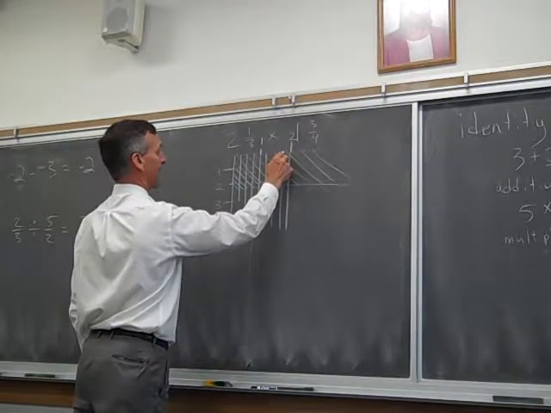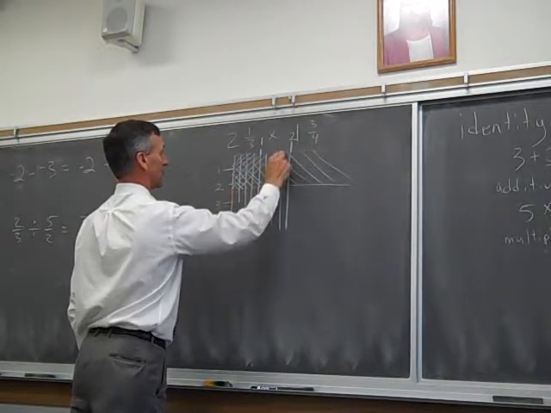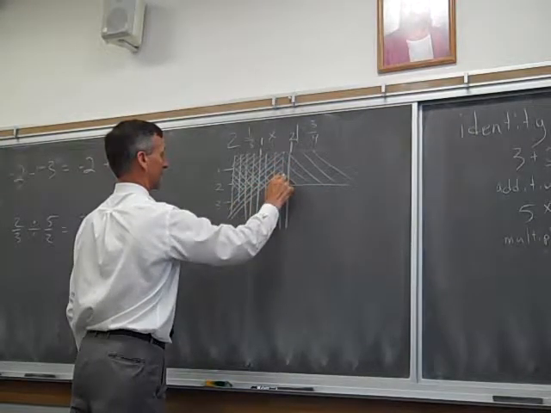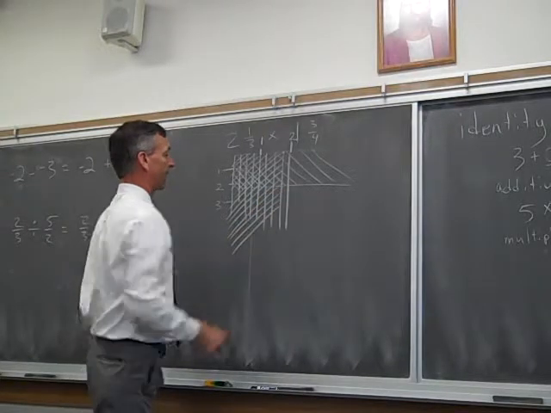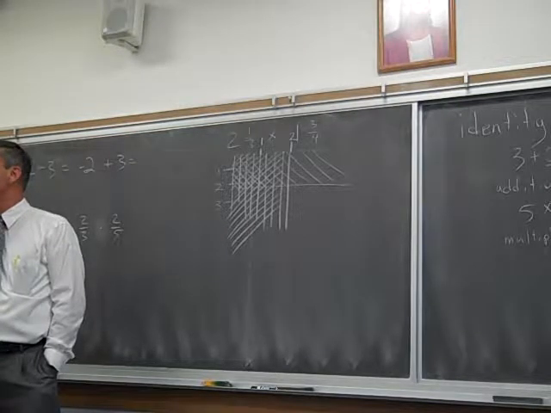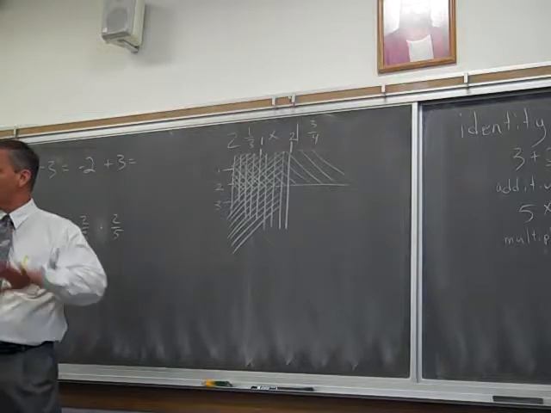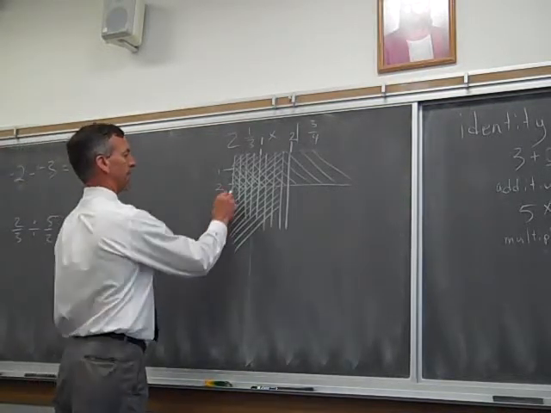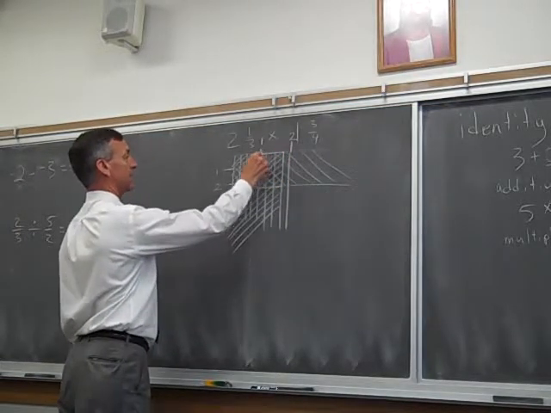So I'm going to shade right over to there. Now, where do I find my answer? In the intersection, where the shading is overlapped. Where's that? Right inside there. Everybody see it?